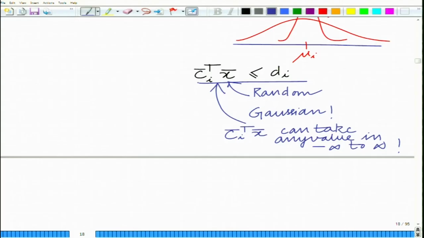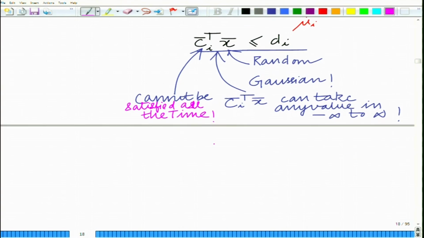Because it is varying randomly, it cannot be satisfied all the time, which means this only holds with a certain probability.